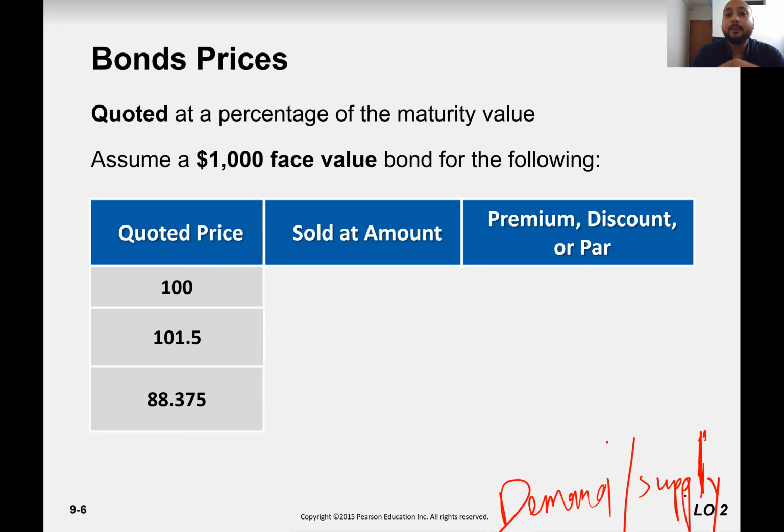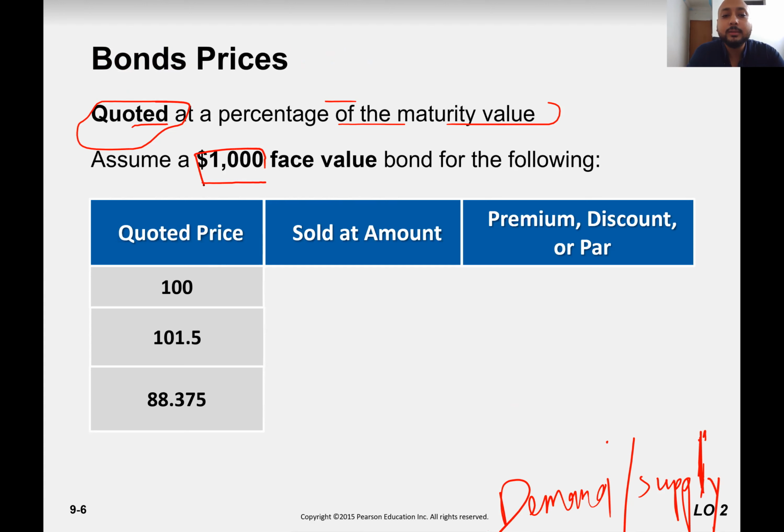So bond prices are quoted at a percentage of maturity value. So these are basically quoted on the basis of percentage value. So normally one bond price is equal to 1,000.